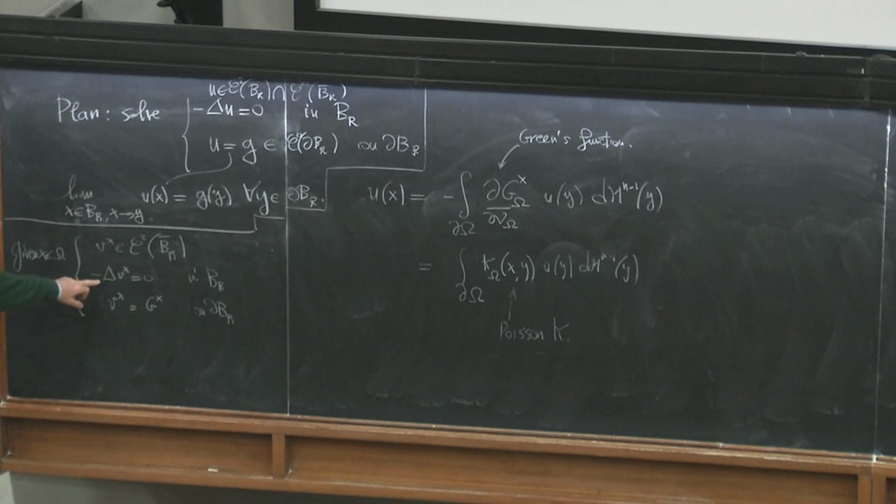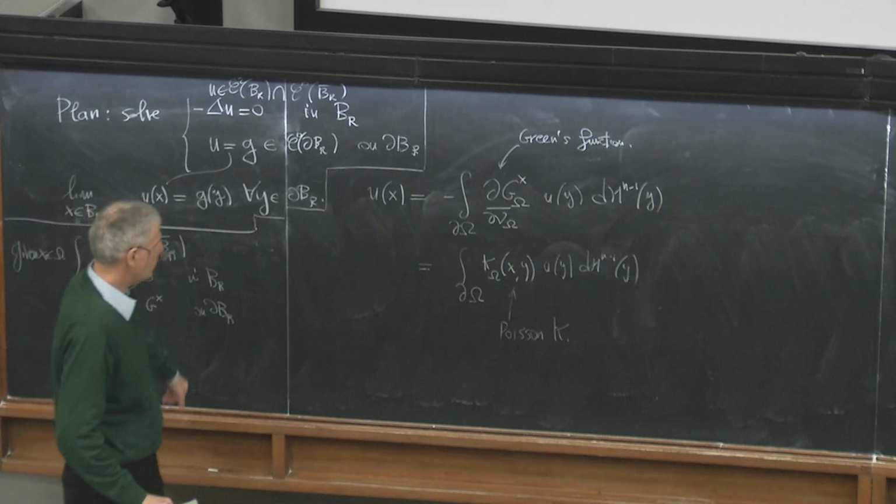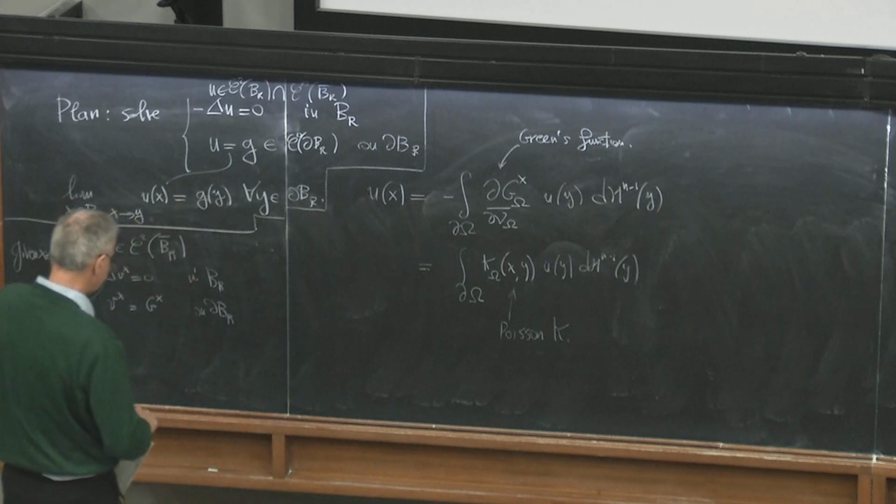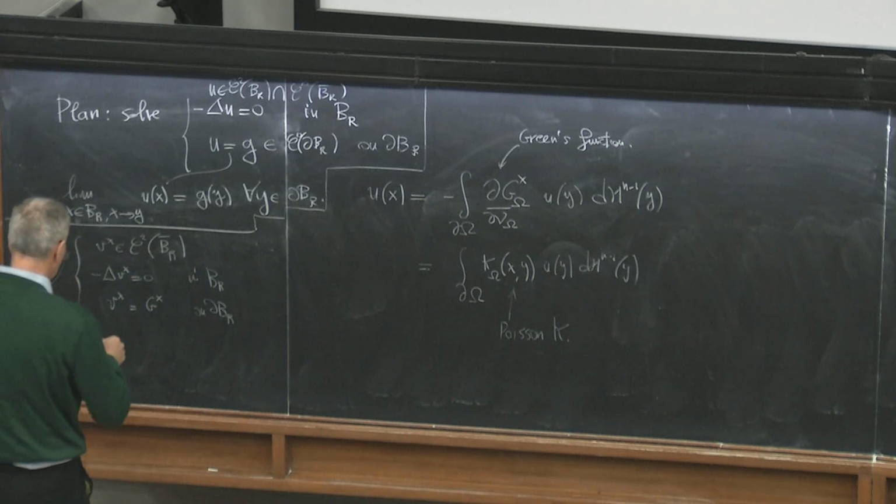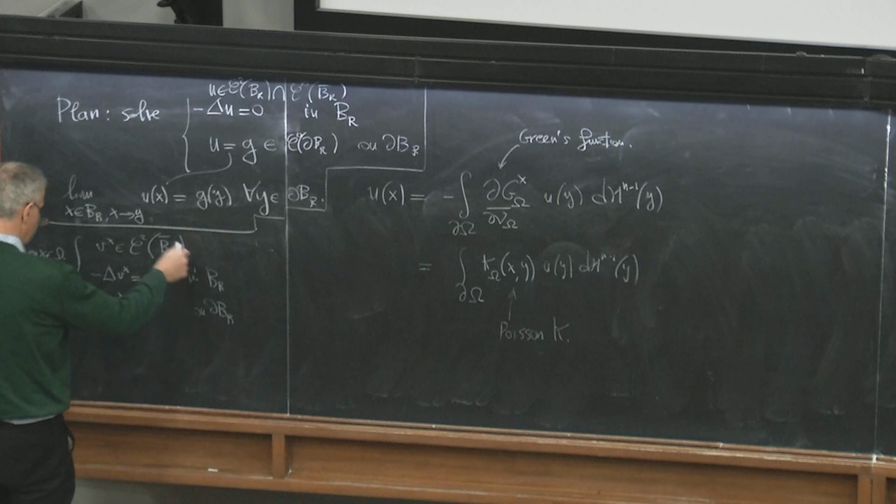Once we know this, then subtracting this solution from G_x, we get G_x of Omega. So the problem is now to solve V_x, if possible, for Omega equal the ball.